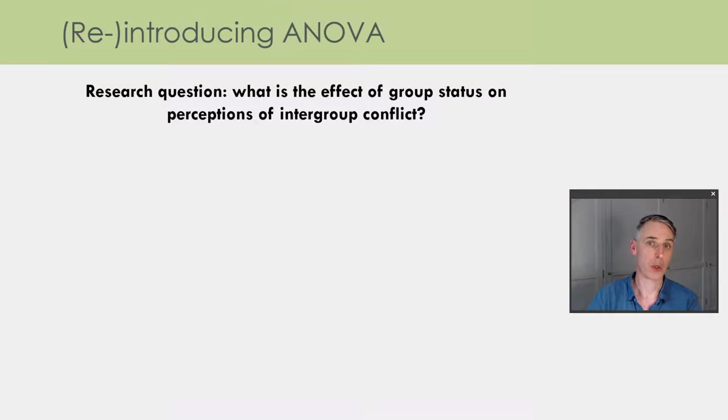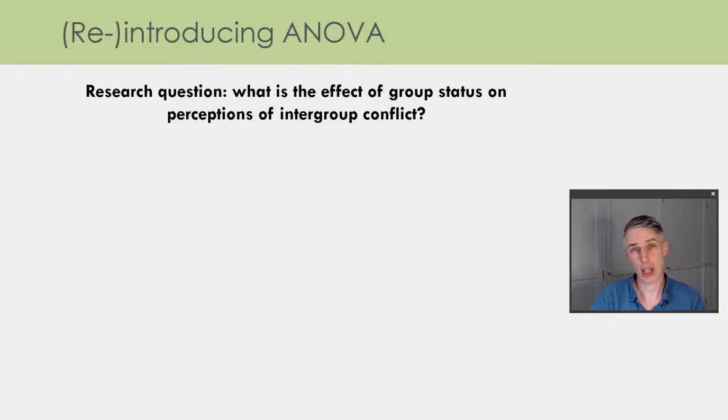If our group has relatively low status, if we feel relatively disadvantaged compared to another group, then perhaps our motivations might guide us towards thinking about ways of shaking up the status quo, about rectifying that imbalance. So we might be more ready or more open to perceiving tensions or conflict between the groups.